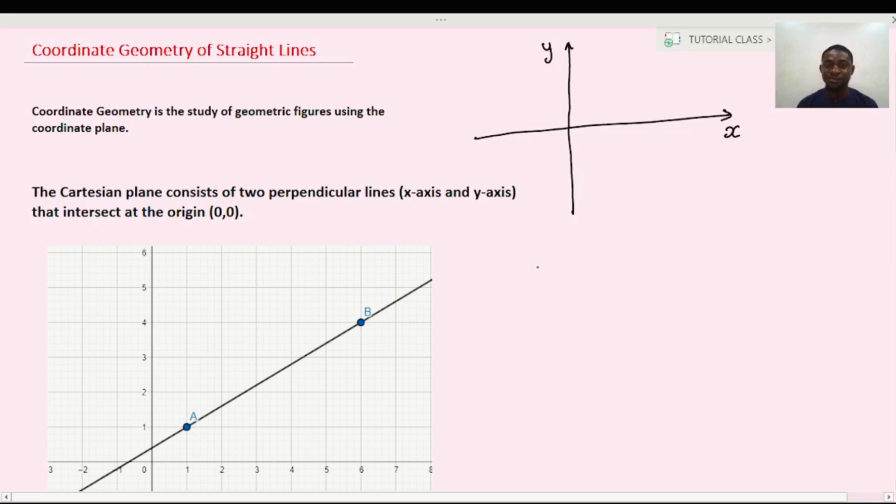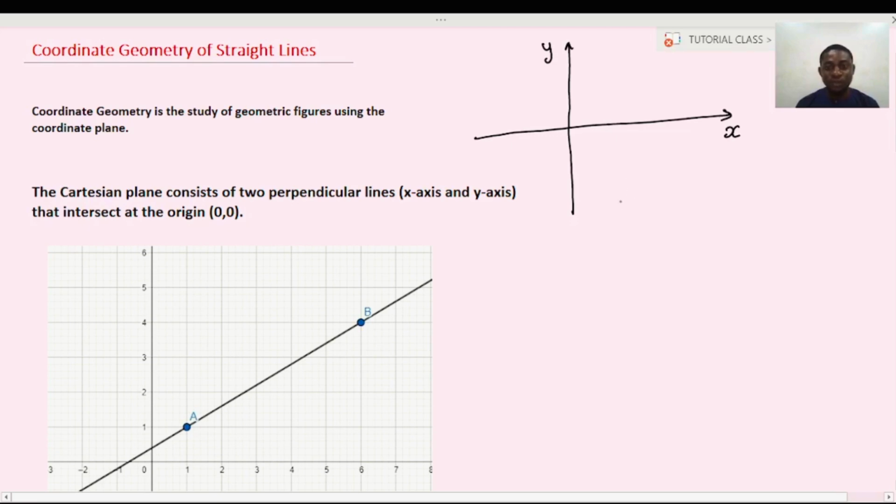So every point on the Cartesian coordinate, that is the x and y plane, can be denoted with its two coordinates, which are the x coordinate and the y coordinate.